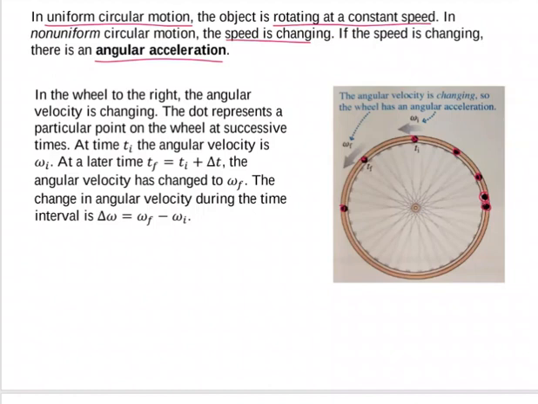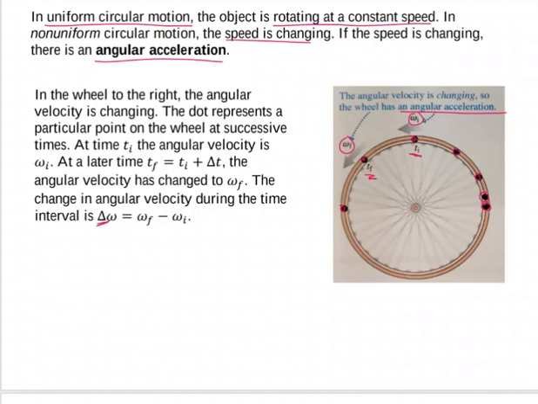So we have an omega initial, the initial angular velocity, and an omega final, the final angular velocity, which means we must be able to calculate an angular acceleration. We have an initial time and a final time for our initial and final angular velocity, so we would be able to calculate delta t and delta omega.